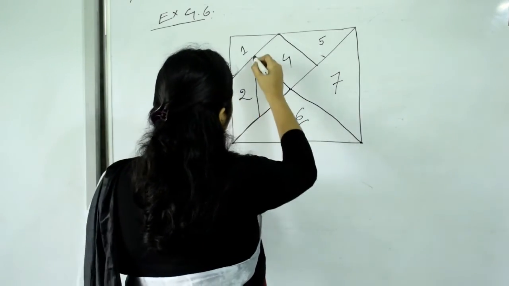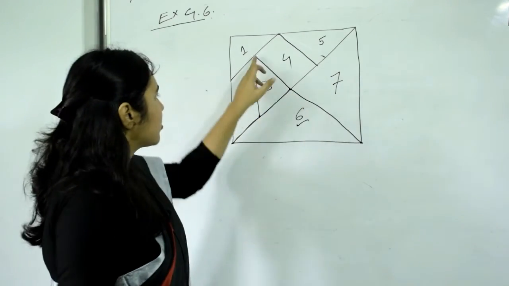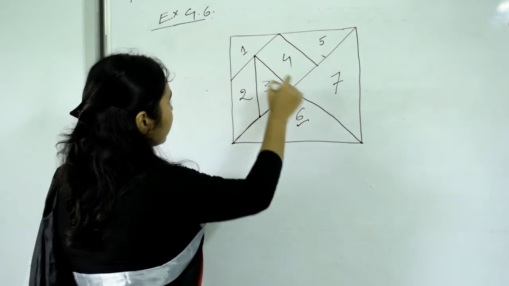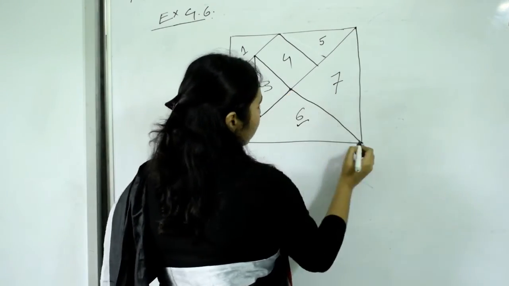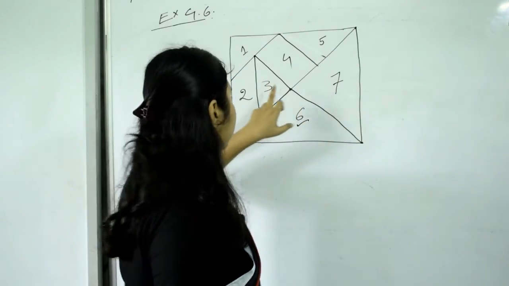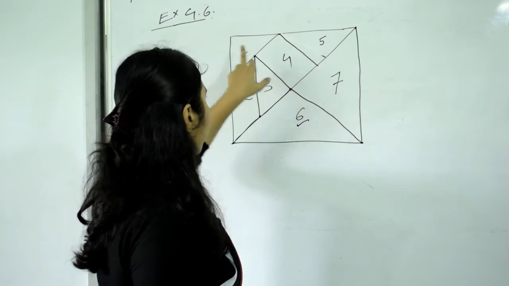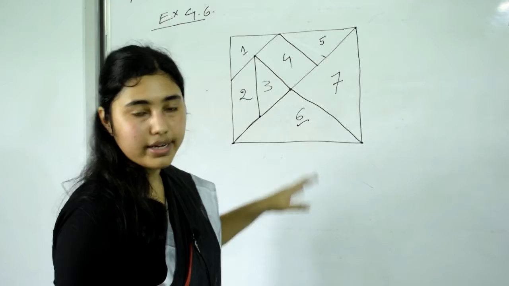Number 3 also has 3 vertices and 3 sides, and number 7 also has 3 vertices and 3 sides, which means number 3, number 7, number 1 and number 6 all are triangles.